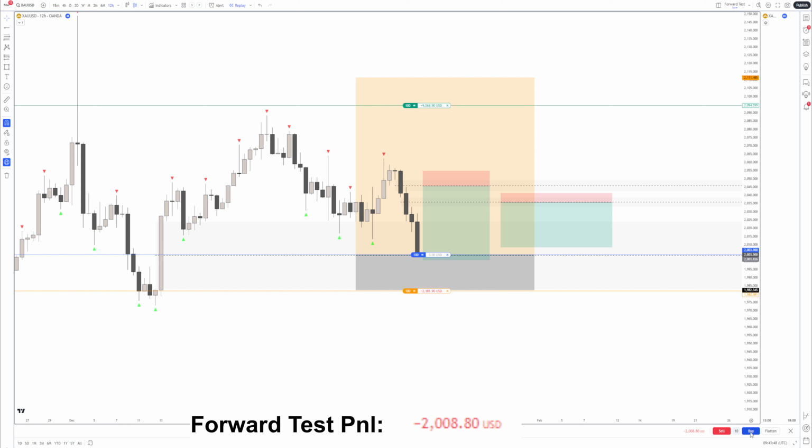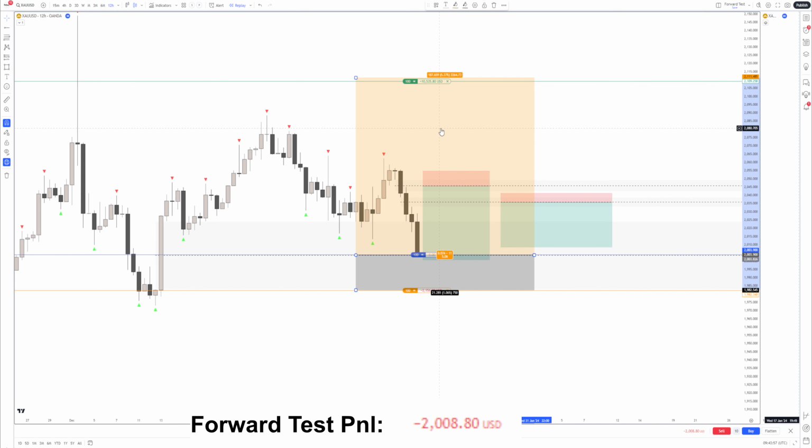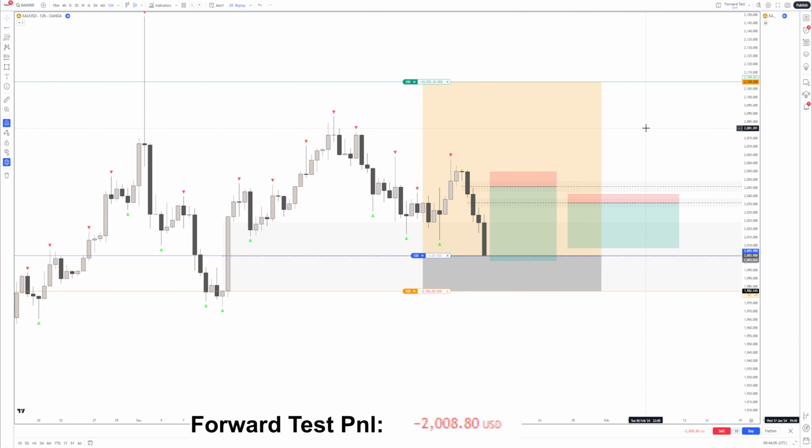Okay, almost there, give or take. There you go. And we're going to aim for that 5 to 1, which is about there, give or take. Okay, that's our setup. Let's see what happens.